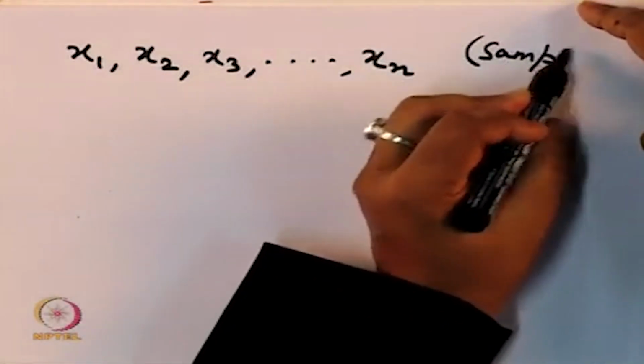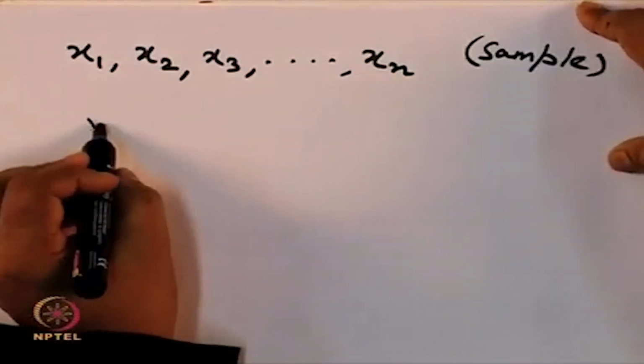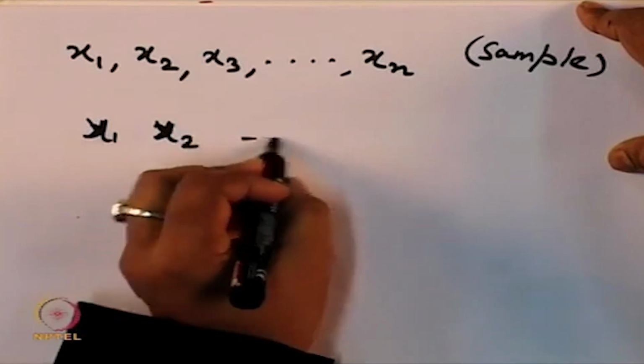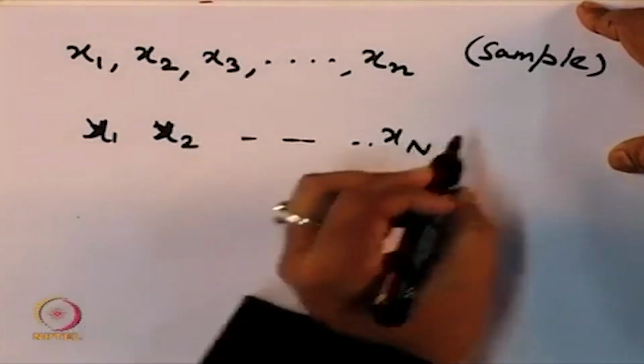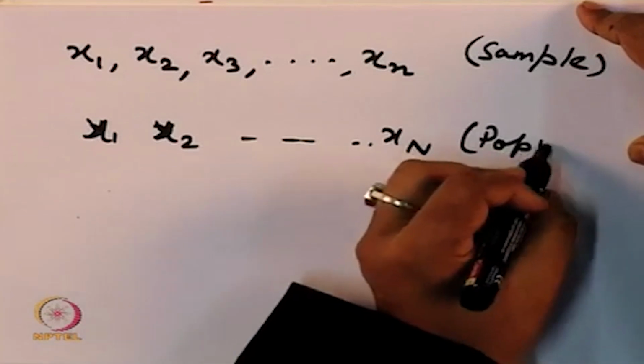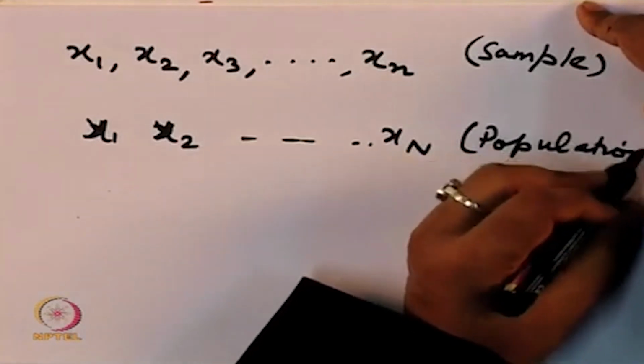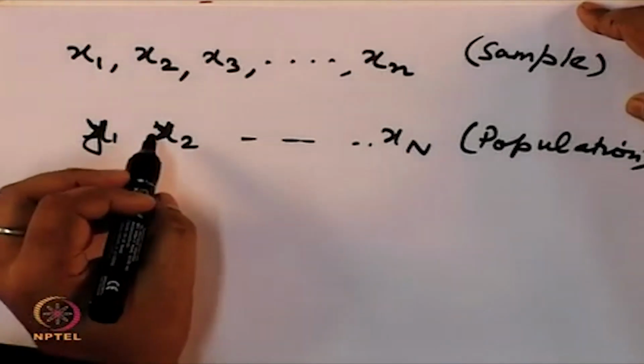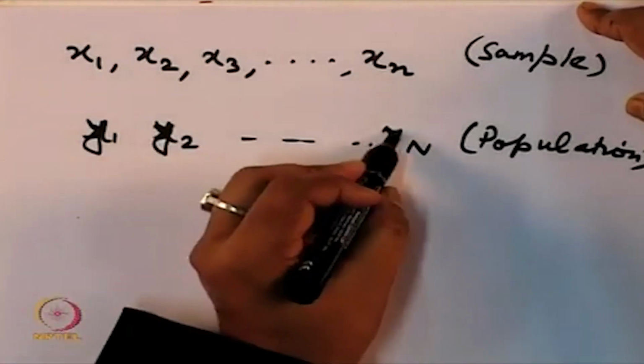I have drawn a sample of n from a population y1, y2, up to capital N, this is my population. Just to stop any confusion, let me write them as y1, y2 and yN.